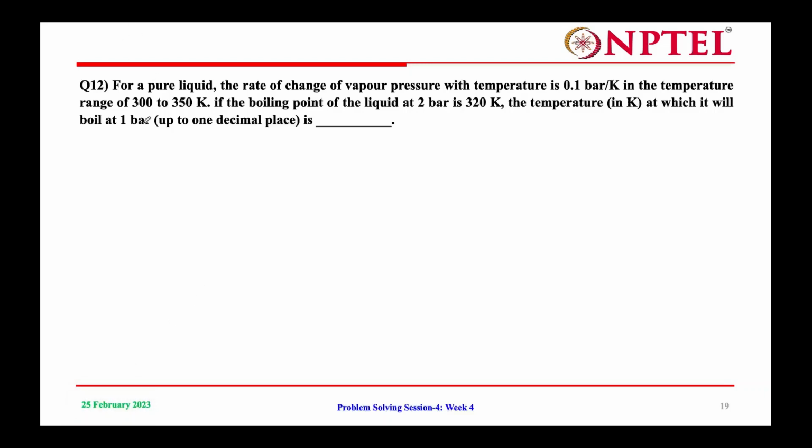Question 12: for a pure liquid, the rate of change of vapor pressure with temperature is 0.1 bar per Kelvin in the temperature range of 300 to 350 Kelvin. If the boiling point of the liquid at 2 bar is 320 Kelvin, what is the temperature in Kelvin at which it will boil at 1 bar, up to 1 decimal place?